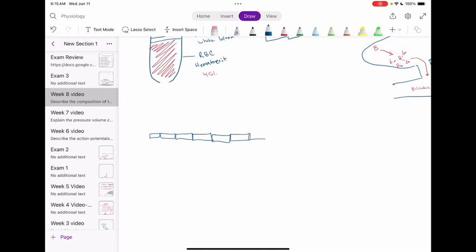It consists of a bunch of cells. And on top of the cells, we have this basement membrane.